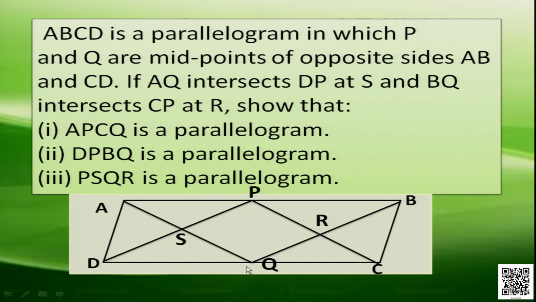If AQ and DP intersect each other at S, similarly PC and BQ intersect each other at R, then we have to show that APCQ is a parallelogram, DPBQ is a parallelogram, and again PSQR is another parallelogram. So let's see.